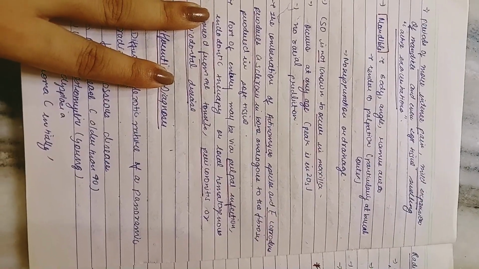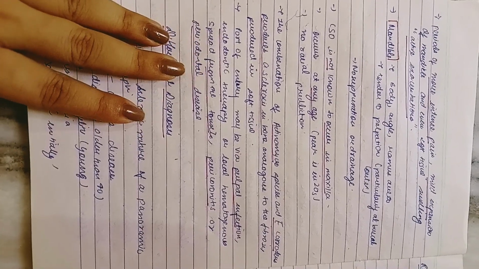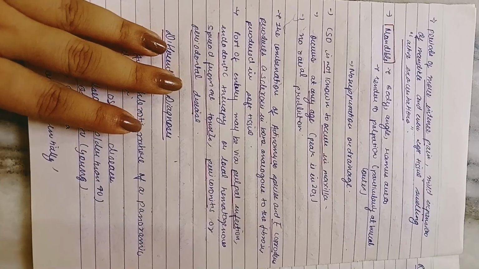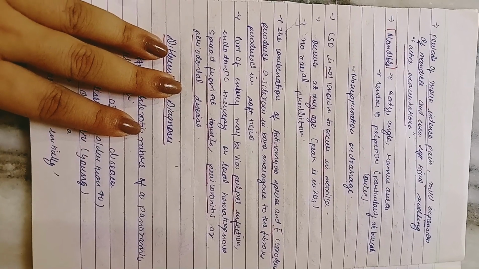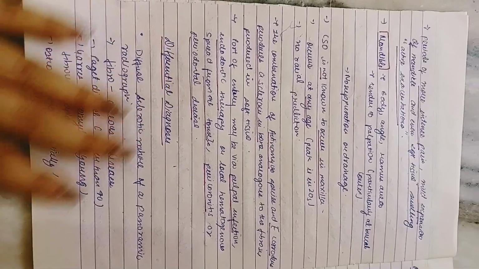Port of entry may be via pulpal infection, endodontic therapy, or local hematogenous spread from the tonsil, pericoronitis, or periodontal disease. So, either of them can be the port of entry.